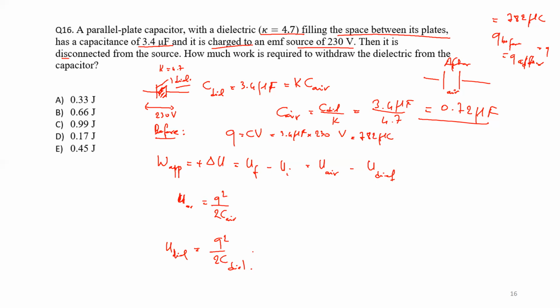So this here is just U dielectric. And I can calculate this. If I calculate it, how much do you get? You get 0.42 joule. UA, I can calculate it.